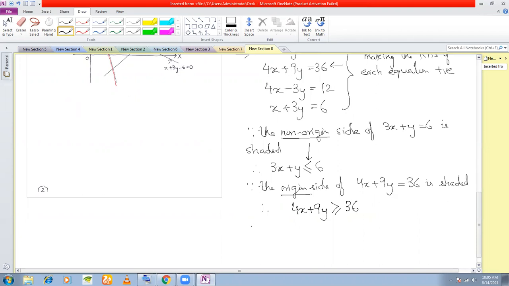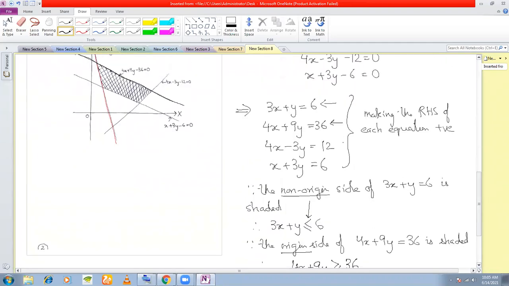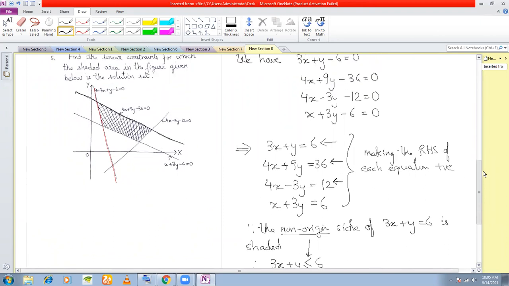Origin side. Similarly, consider the third one, 4x minus 3y is equal to 12. Which one is the line here? This is the line. Okay, if you see, then the origin side is shaded.